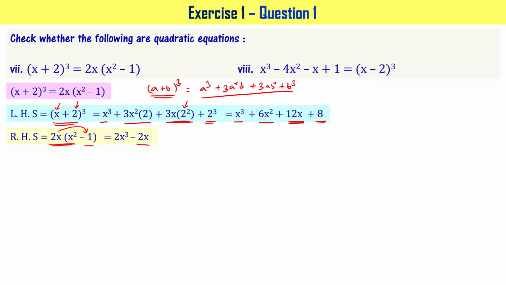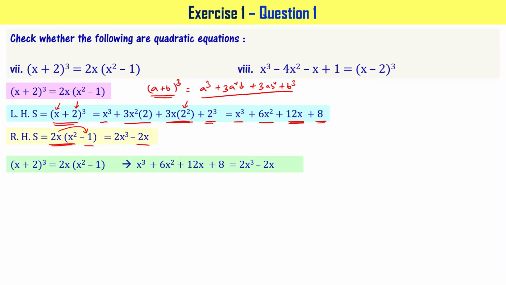Let's equate these two such that I can write the equation as x³ + 6x² + 12x + 8 = 2x³ − 2x, right? Now let me transpose this 2x³ and −2x to the other side. When I do that, the equation becomes x³ − 2x³ + 6x² + 12x + 2x + 8.